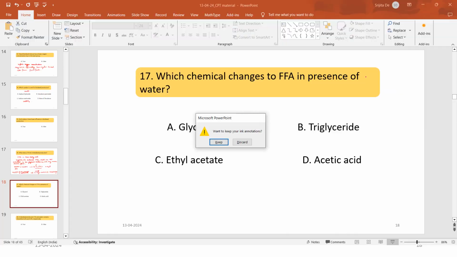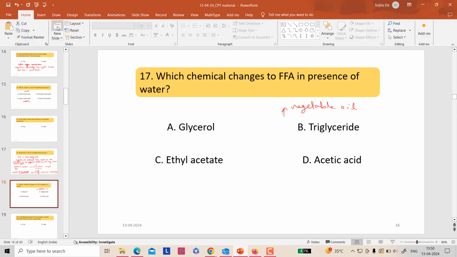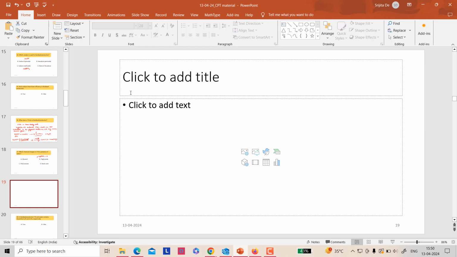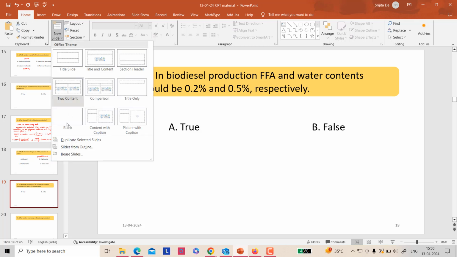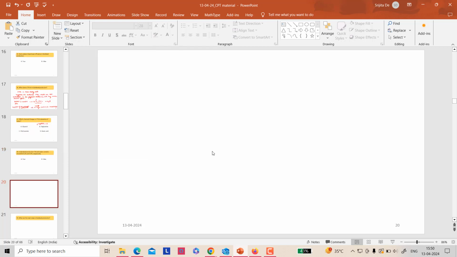Let me show you. So this is the triglyceride, right? This is the structure of the triglyceride.